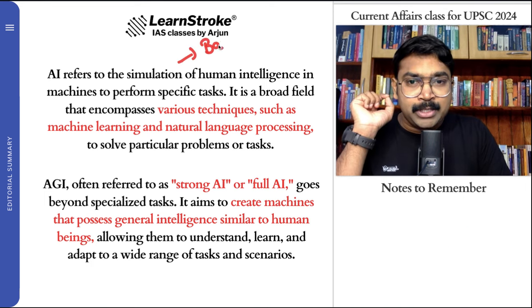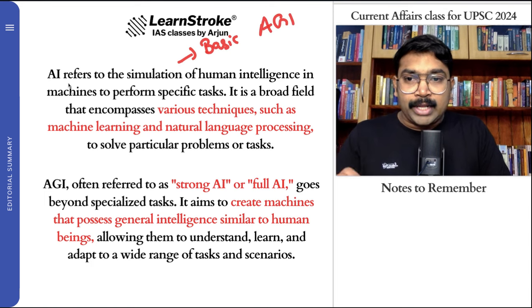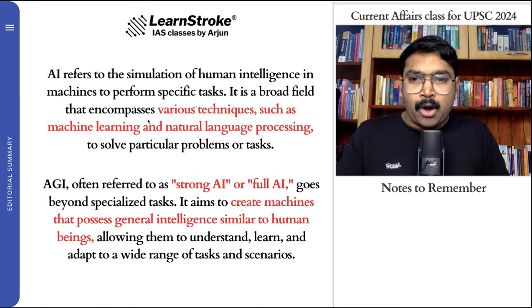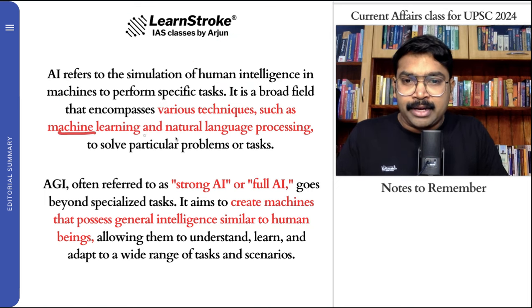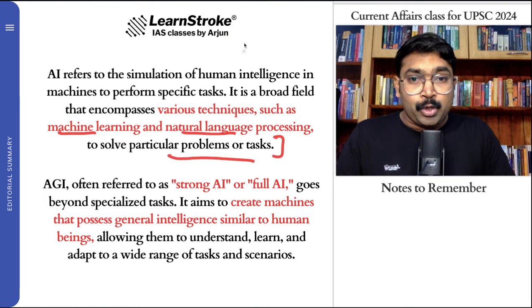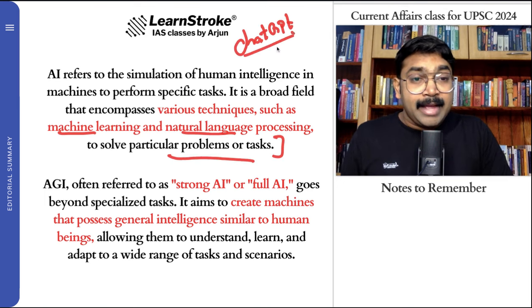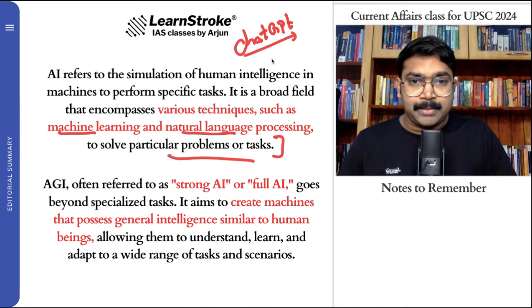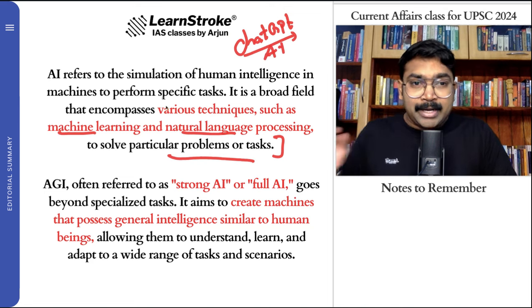What is the difference between AI and AGI? AI refers to the simulation of human intelligence in machines to perform specific tasks. It is a broad field that encompasses various techniques such as machine learning and natural language processing. You must have heard about ChatGPT, everything which is actually helping humans in a lot of ways, the AI robots, etc. But AGI is much more different.